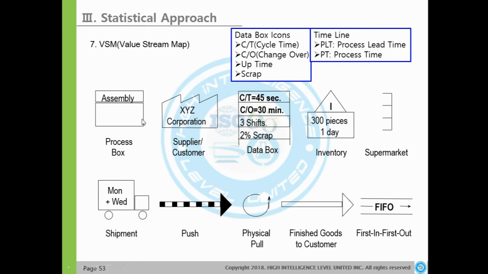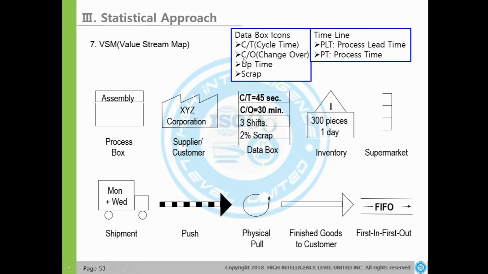In the value stream map, this is the process box, this is supplier or customer. CT means cycle time. CO means changeover.